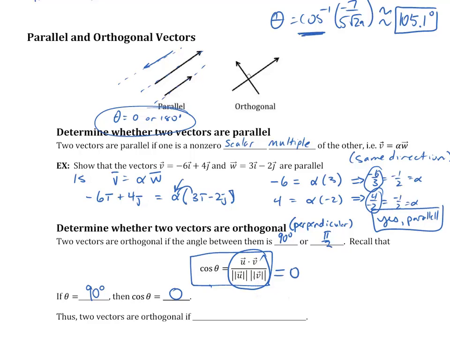The only way for that fraction to be 0 is if the numerator is 0. So the quickest way to check if two vectors are orthogonal is just to check, is u dot v equal to 0? Because if that's equal to 0, then this fraction is equal to 0, which means cosine of theta is 0. And the only way for cosine of theta to be 0 is if theta is 90. So two vectors are orthogonal if their dot product is 0.